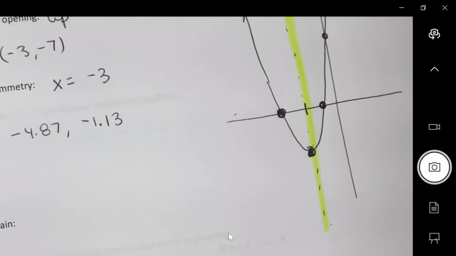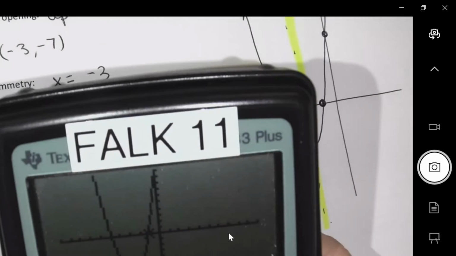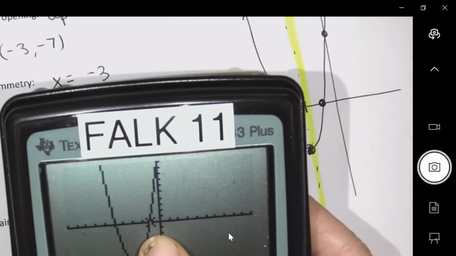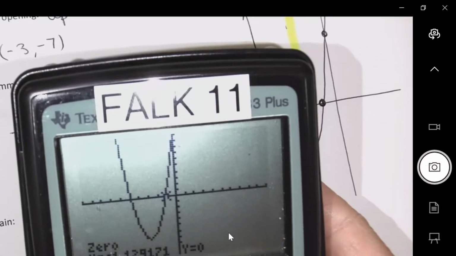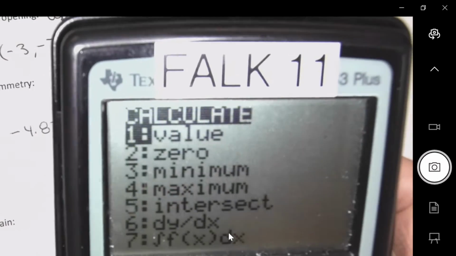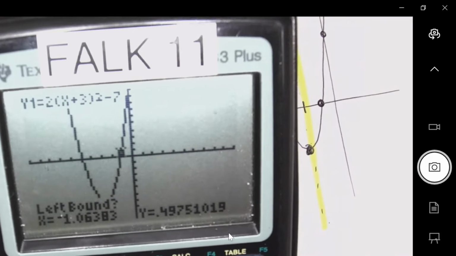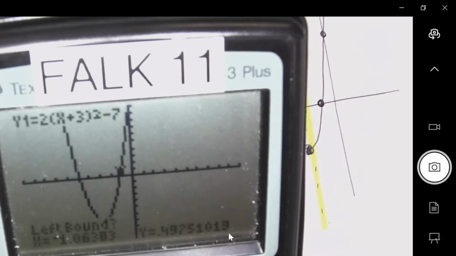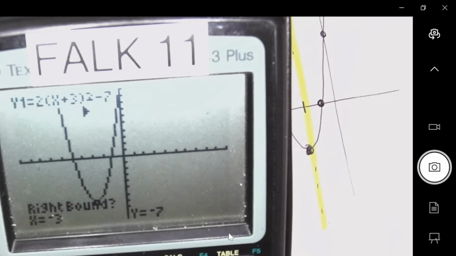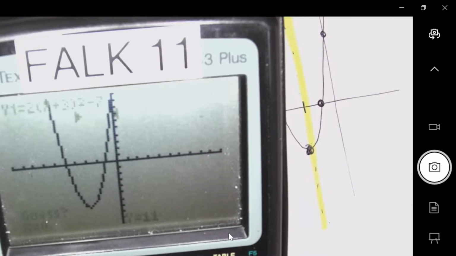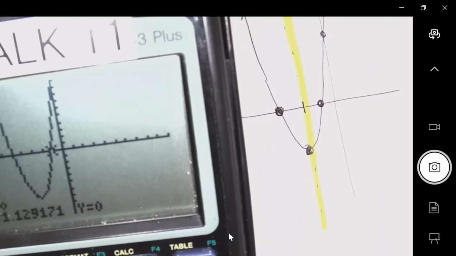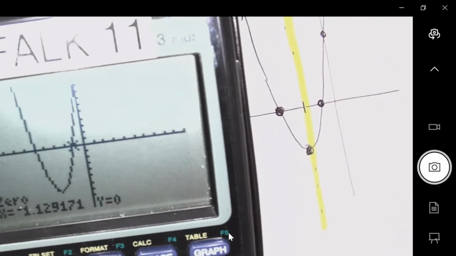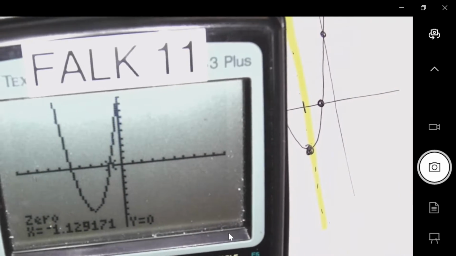By the way, I do this a little bit faster because on mine, I know it's between the x of -3 and 0, for instance. So when I do it, I go calculate the 0, and I say, hey mouse, move left. So I just do -3, move to the right, 0, so that I don't have to waste my time doing the move it, move it. So if you are ready for that, that makes it a little bit faster.